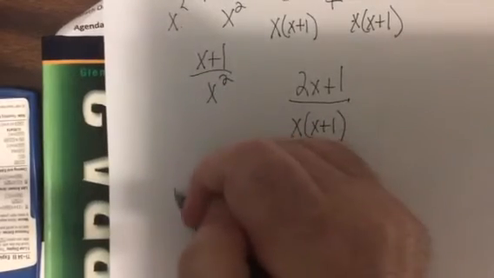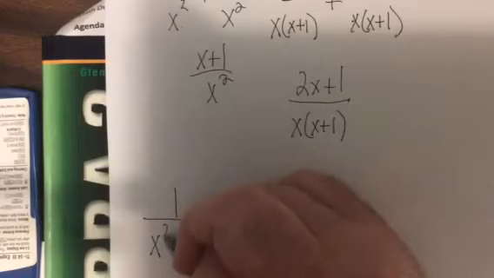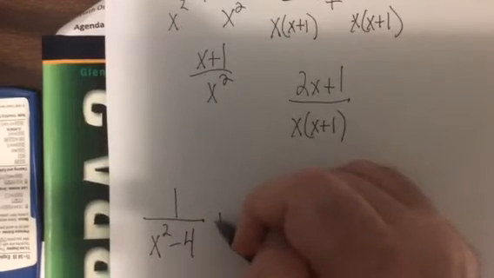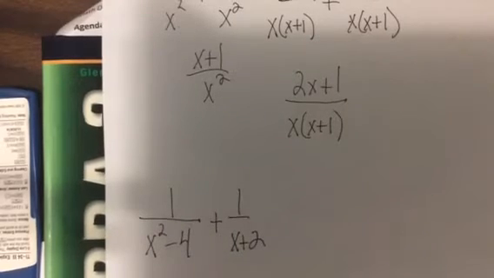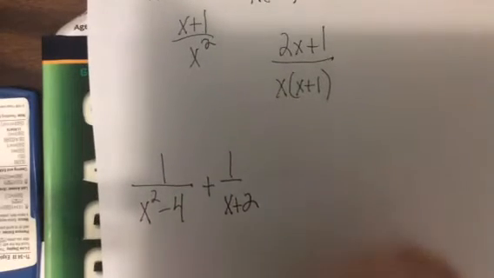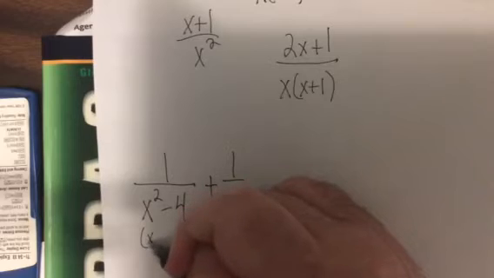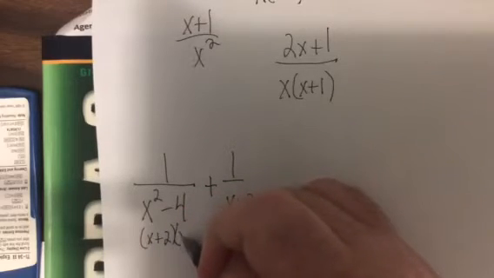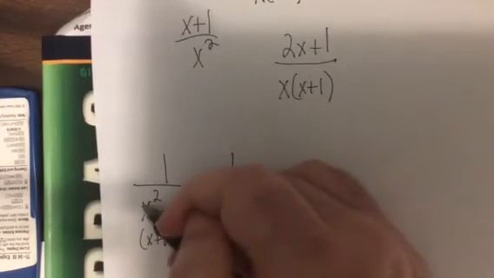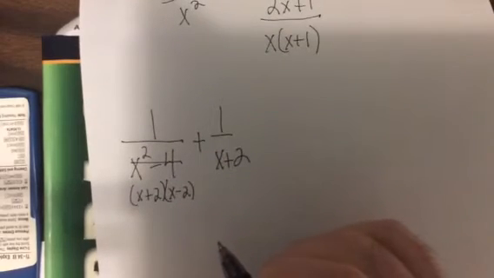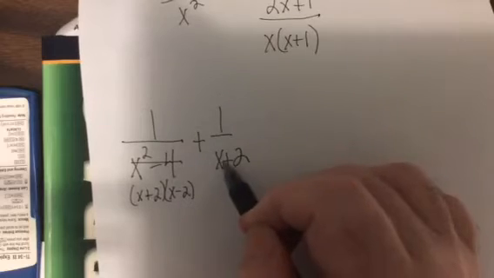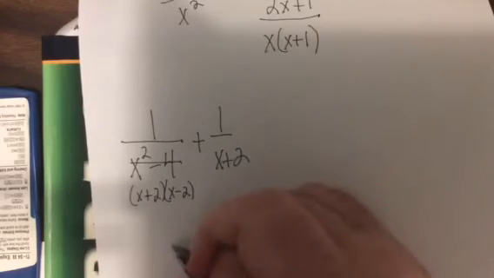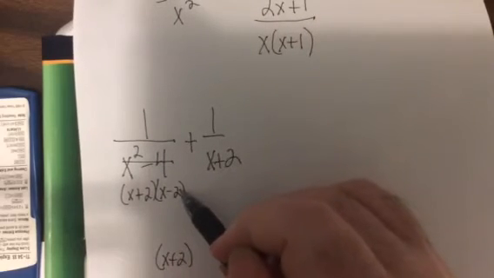So if I have this, 1 over x squared minus 4 plus 1 over x plus 2. Well, the first thing I need to do is factor. This is x plus 2, x minus 2. So the LCD, you've got x plus 2 to the first power. There's only 1. And we have one of the x minus 2's.